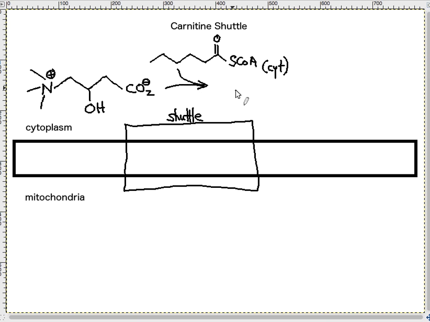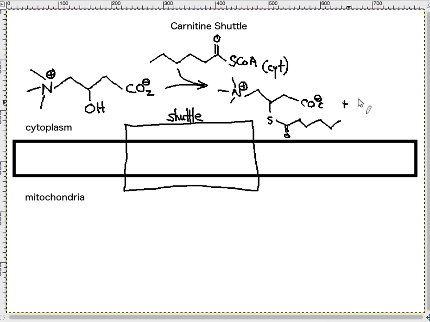We end up with our carnitine, 3 methyl groups here. Instead of the alcohol group, we've now coupled it to the acyl group. I think I've got my carbons right there. And the rest of this is the same.